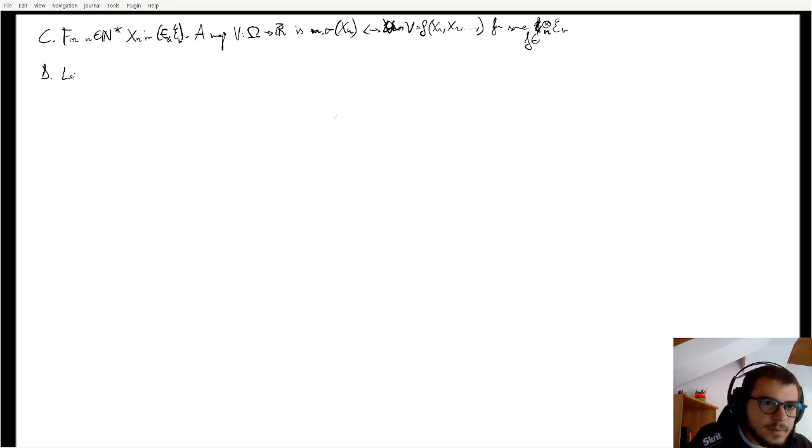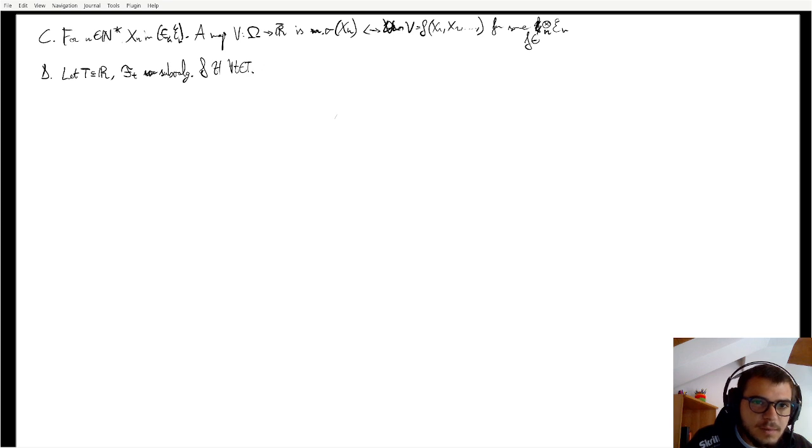So let T be a subset of R. Ft is a sub sigma algebra of H for any t.